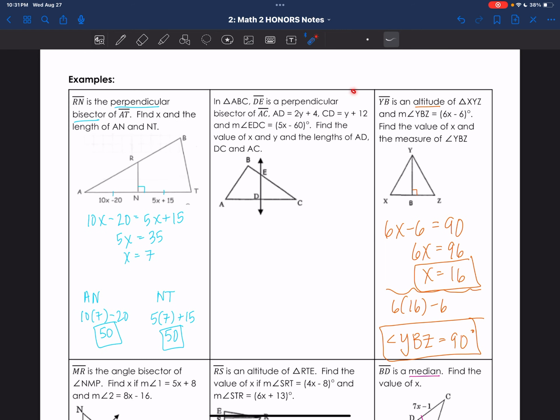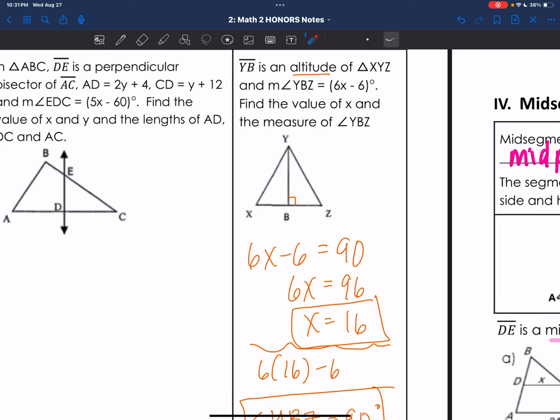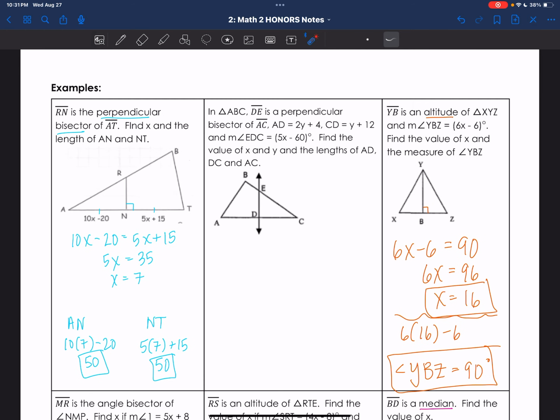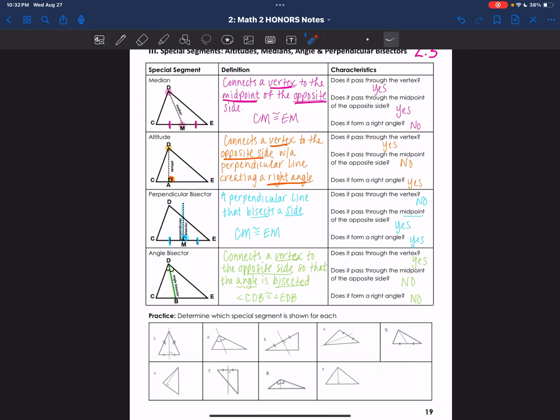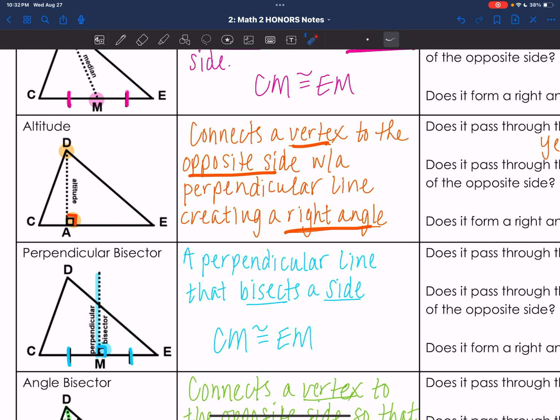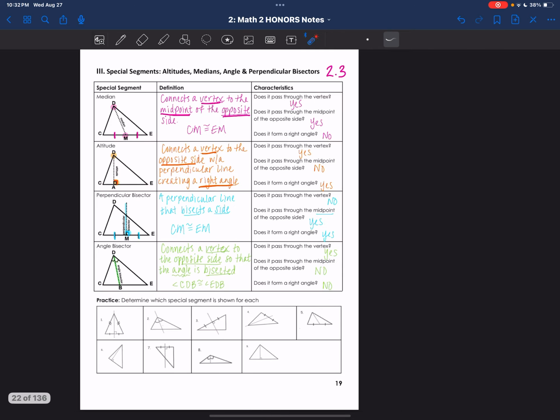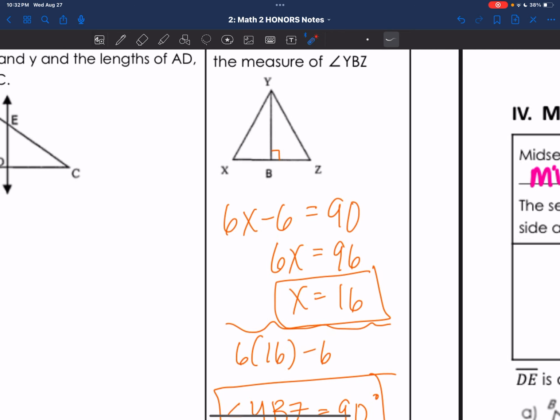Go ahead, I want you to do this one. And then for YB, this one's a little different. You have to look here. It's an altitude, and the measure of angle YBZ is this. We're going to find x and the measure of it. We know with an altitude, we're going to have a right angle. For an altitude, the only thing it does is create a right angle, so we can use that to find the measure of any of the angles.